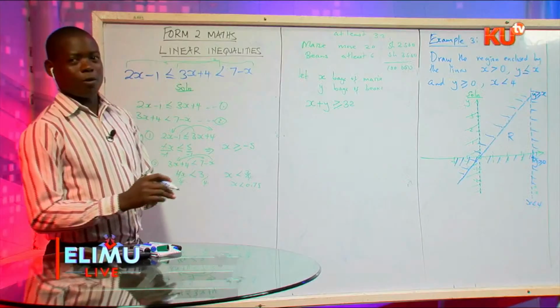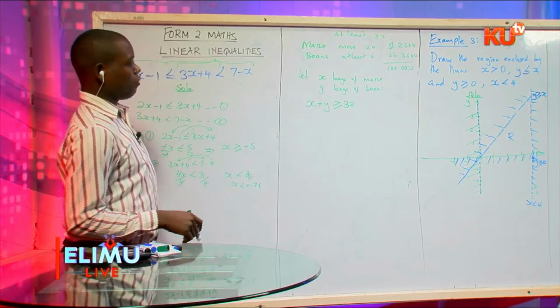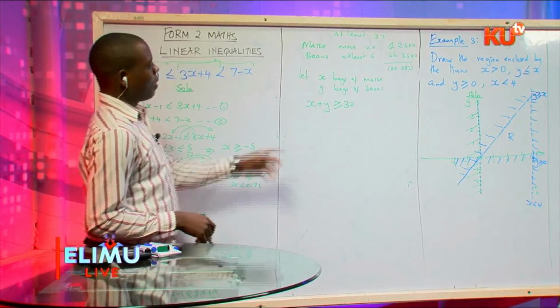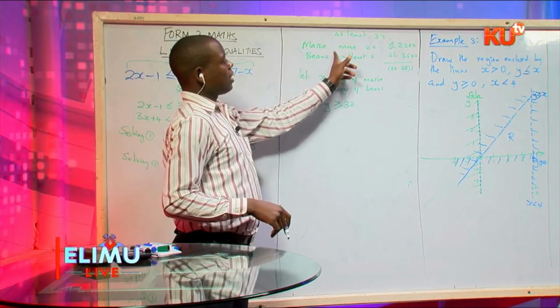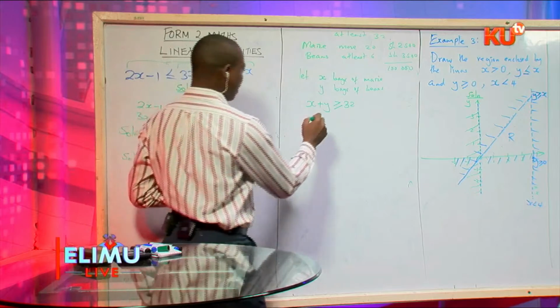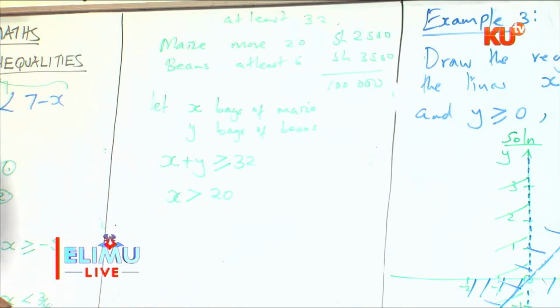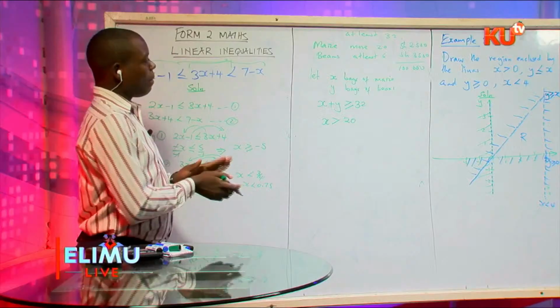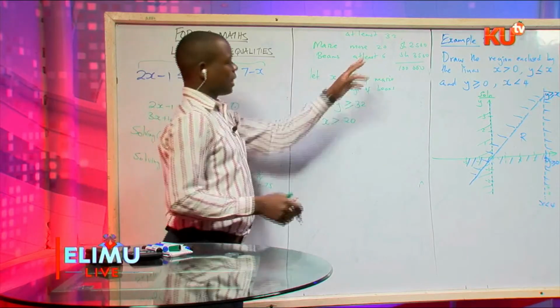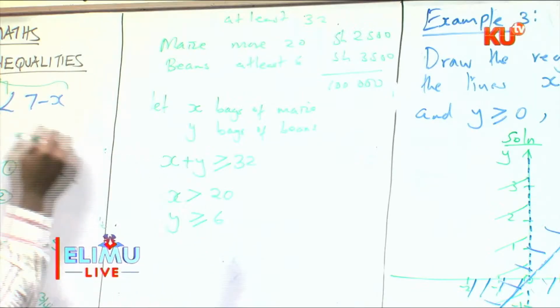That will be our first inequality, which is now bringing together the number of bags of maize and the number of bags of beans. The number of bags of maize is supposed to be more than 20. So that means x should strictly be greater than 20. And the number of bags of beans should be at least 6. That is now y greater than or equal to 6.